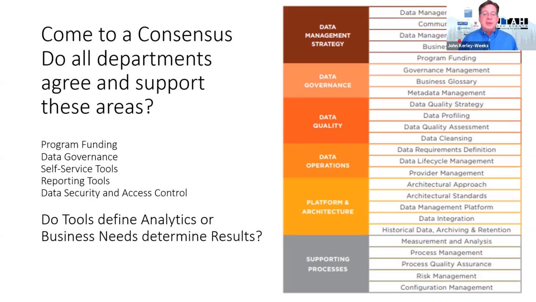We also want to make sure that we're coming to consensus on these areas within all of the departments in the organization. We don't want to look at our own belly button and say, we're looking good. We want to look at and engage our stakeholders and ensure that they feel they are getting the data quality that they need, that they feel that they have a single source of truth and are receiving the reports that they need in a timely fashion.